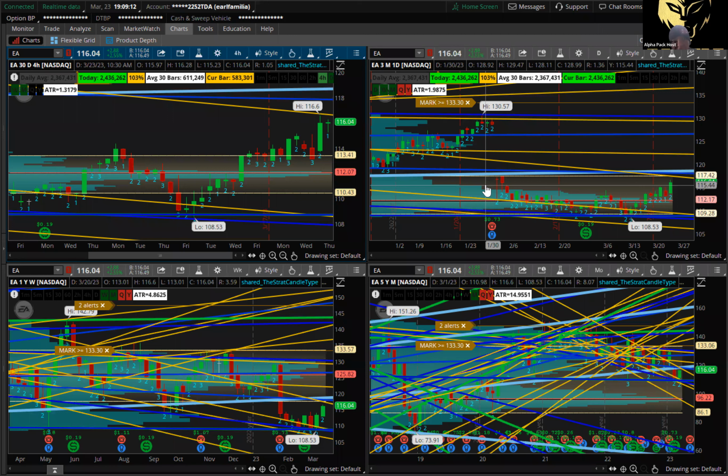But then you see the ones above its head at 118 and the monthly and yearly. So I'm kind of on the fence about this one. I just don't like the level where it's positioned. But there's a huge gap to fill to the upside here.